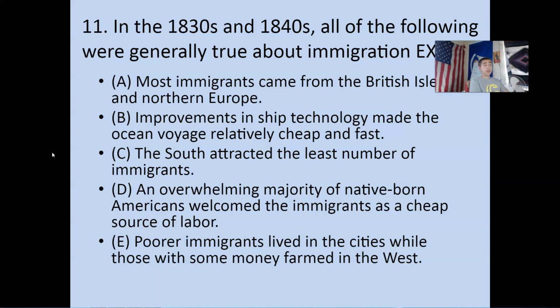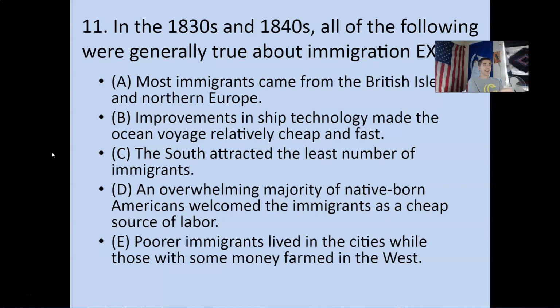C. The South attracted the least number of immigrants. D. An overwhelming majority of native-born Americans welcomed the immigrants as a cheap source of labor. E. Poorer immigrants lived in the cities, while those with some money farmed in the West.